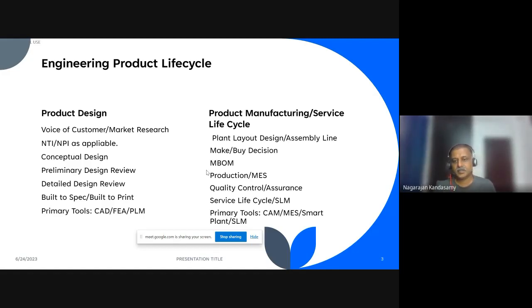Then the last topic is service life cycle, or SLM for short. This is a natural extension of PLM, which you saw on the left-hand side. You design a product, then manufacture it, then give it to your customer. Let's assume this product, let's say a car, is going to do useful work for the next 10 or 15 years.